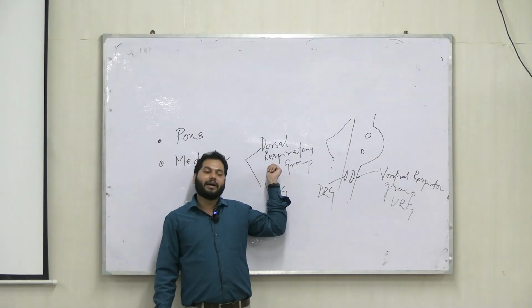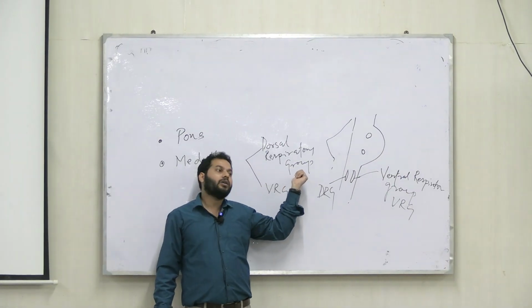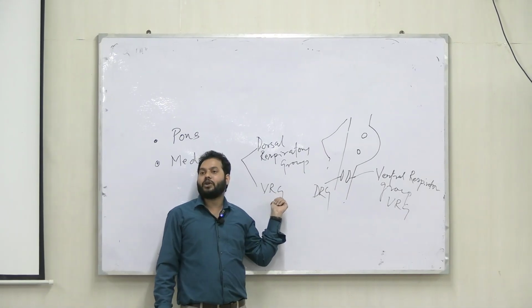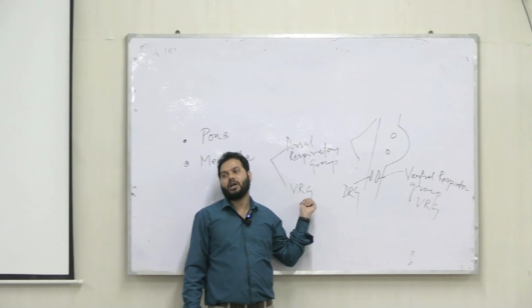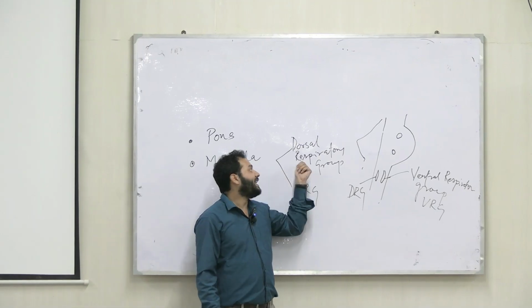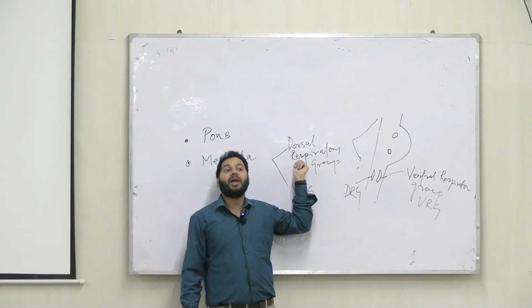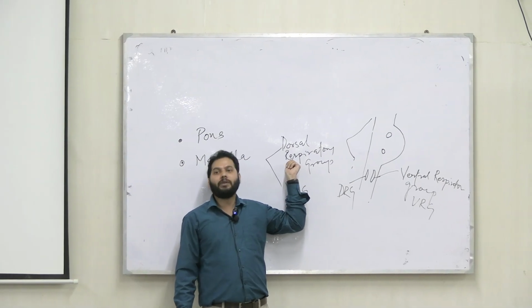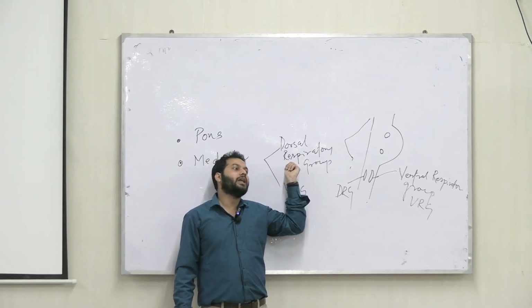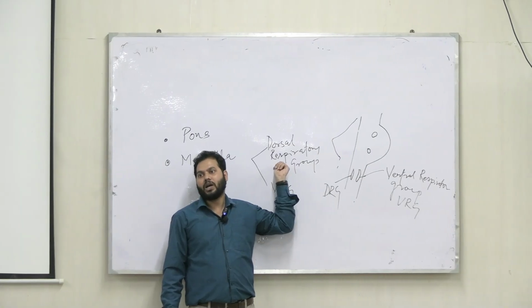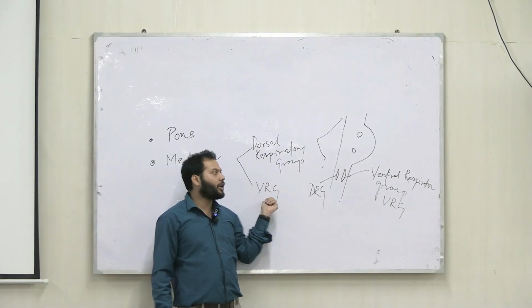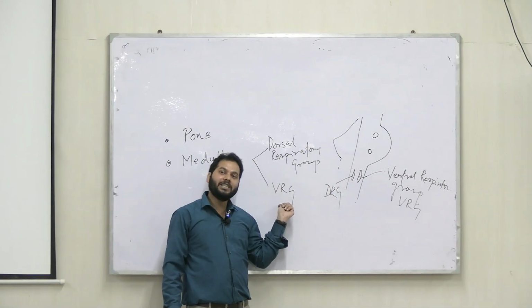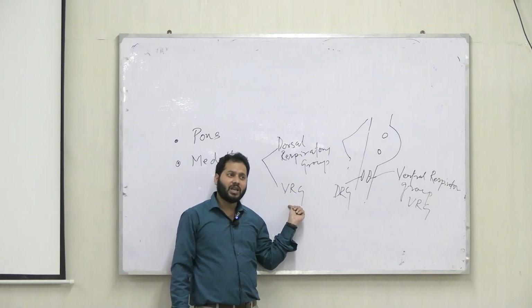Both the dorsal respiratory neurons and the ventral respiratory groups are involved with the breathing mechanism. Here, DRG mainly regulates the inspiratory process. There is no involvement of DRG in the expiratory process, right? Whereas the ventral respiratory group regulates both inspiration and expiration.